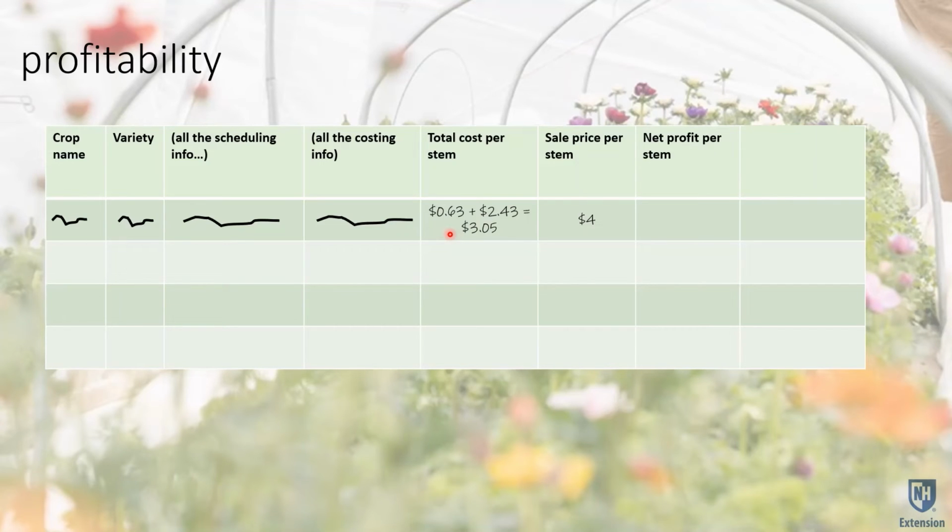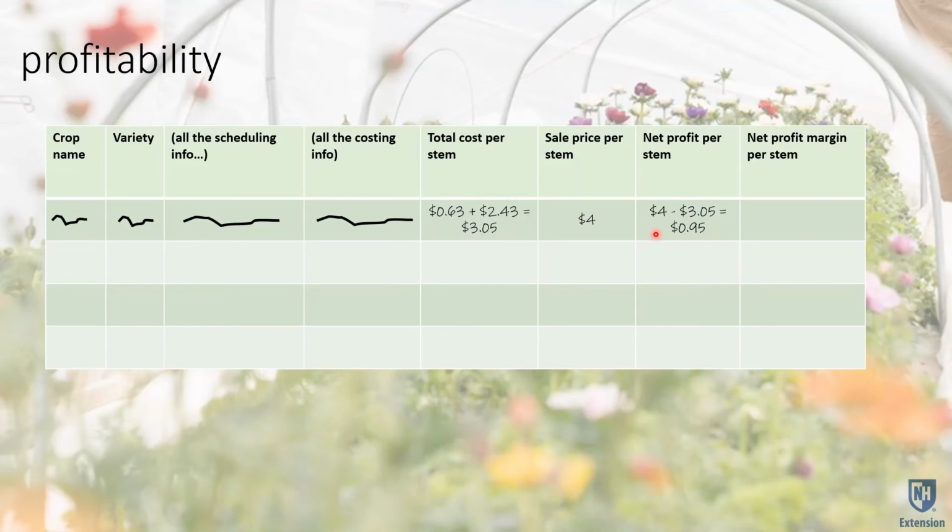And then we see our net profit per stem. The reason I can say it's net profit is because this total cost is the total cost for all 50, but the way we worked it in that last spreadsheet, that's accounting for the fact that we're only going to be able to sell 40 of those. And so that net profit is 95 cents per stem.